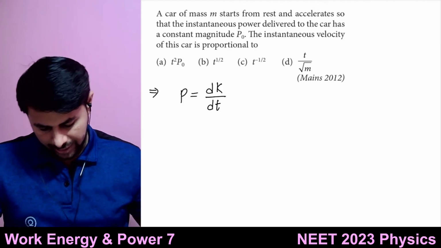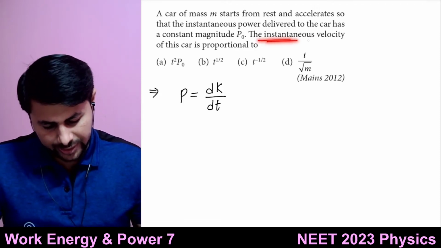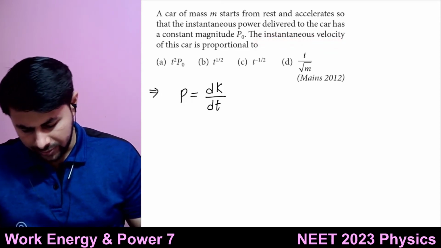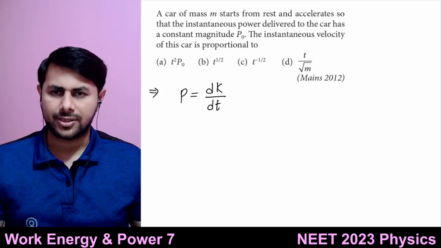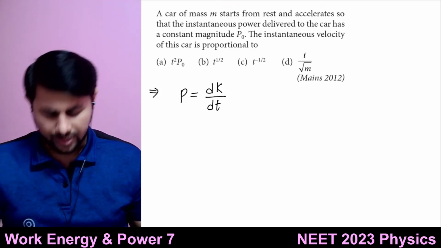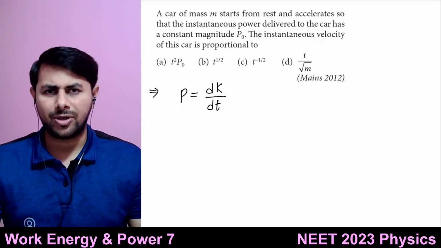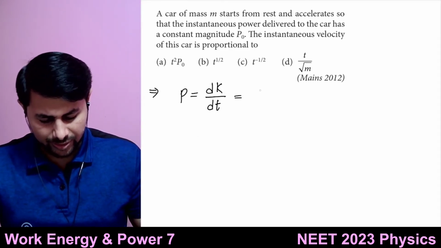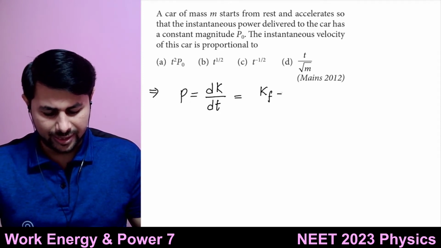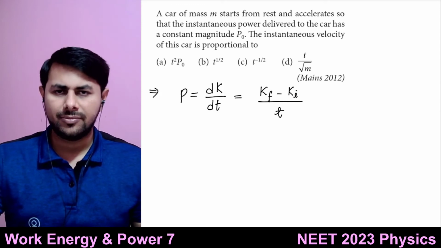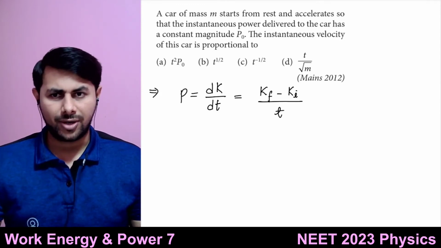And we want the instantaneous velocity. Since the power is constant, the instantaneous power and average power will be equal. So we can just say this is equal to the change in kinetic energy, final kinetic energy minus initial kinetic energy, divided by time, because the power is constant only.